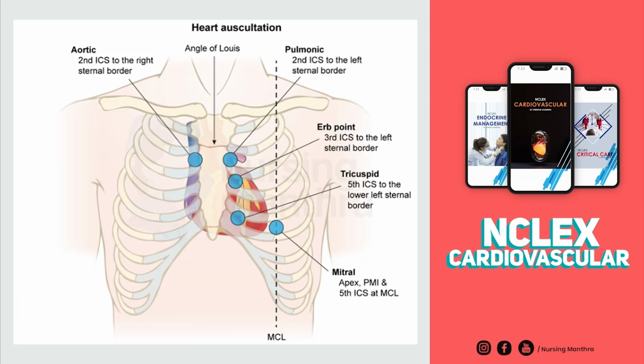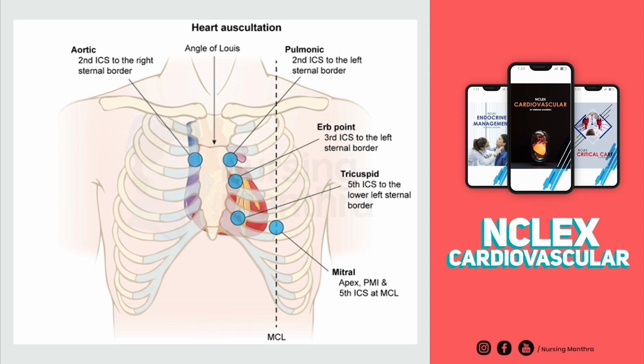So you can see in this picture, the aortic area, second intercostal space to the right sternal border. So the sound is there in the question. Okay, so angle of Lewis, then pulmonic area, second intercostal space to the left sternal border. Then Erb's point, that is the third intercostal space to the left sternal border.